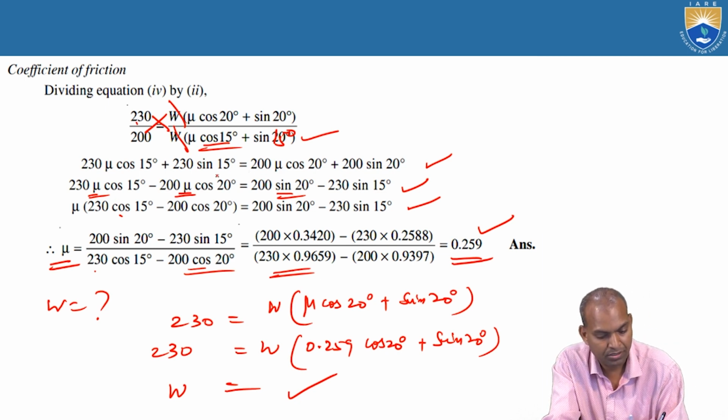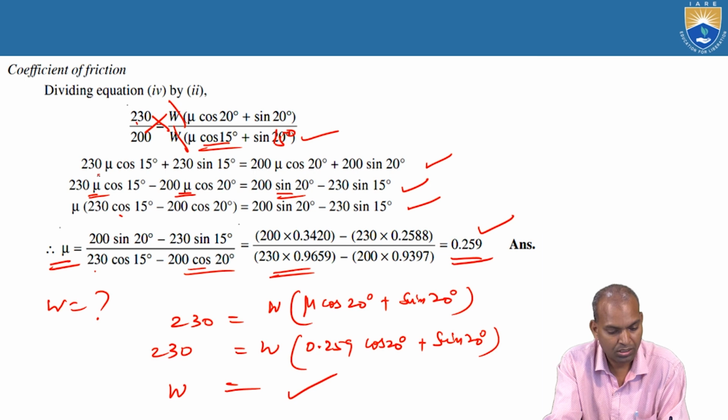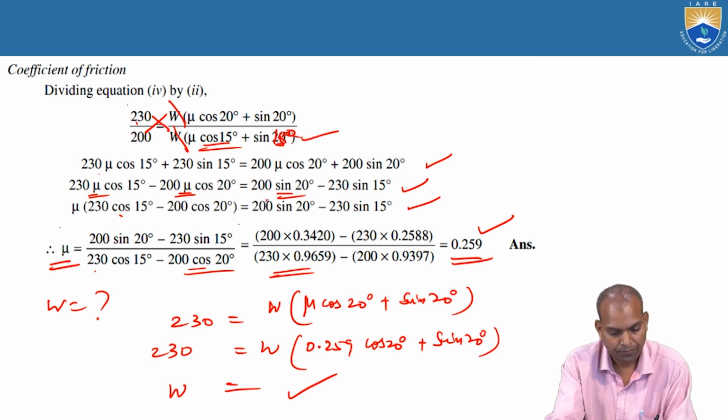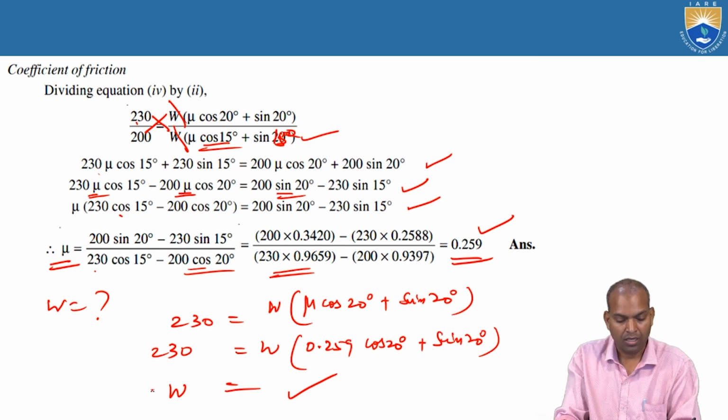Nothing is wrong. If you substitute sin 20 and cos 20, the W value will come.